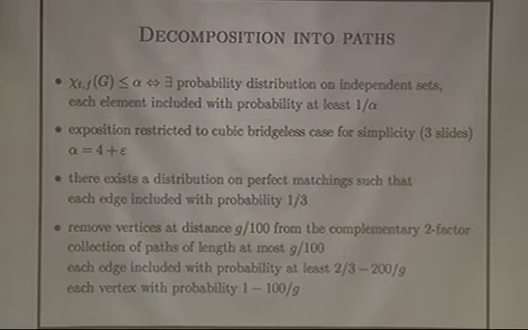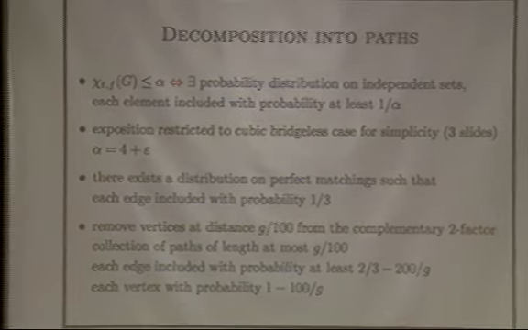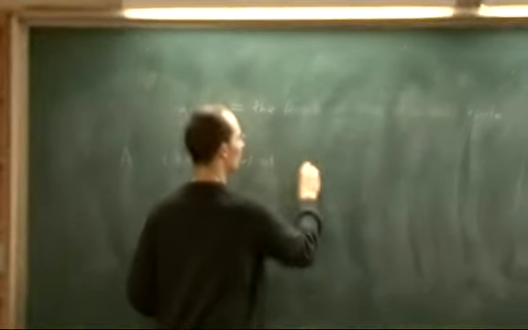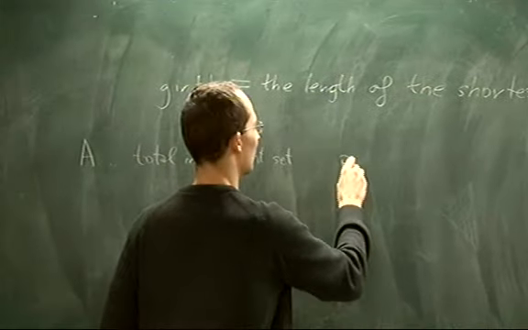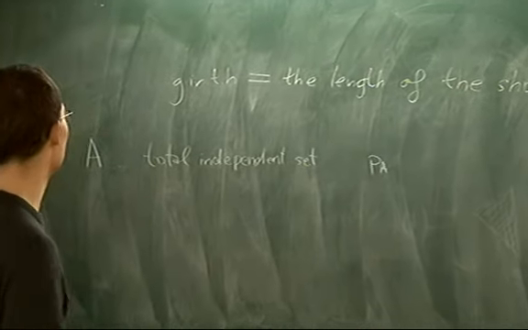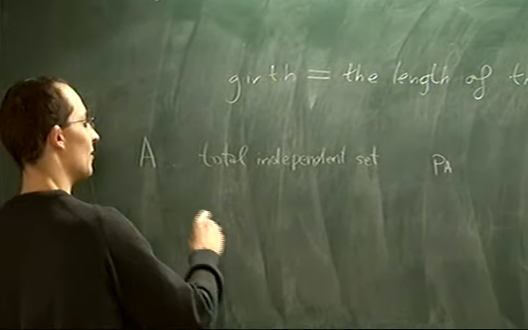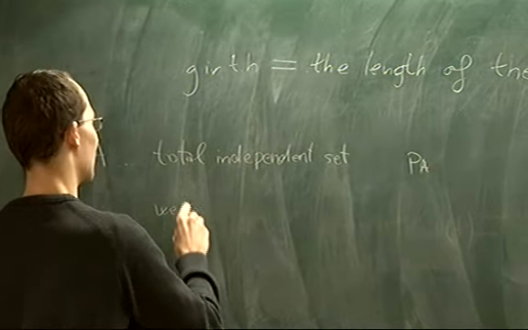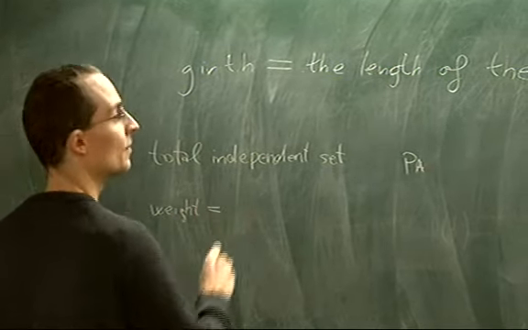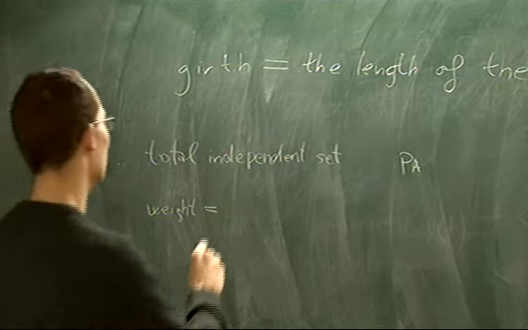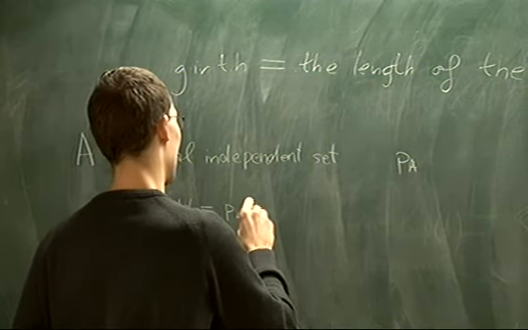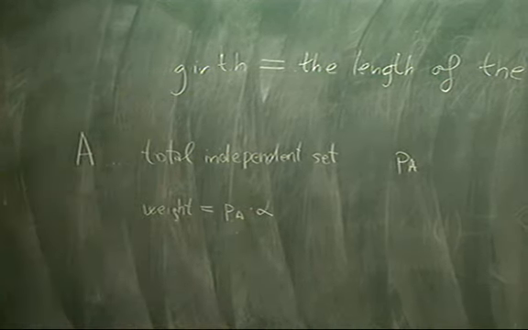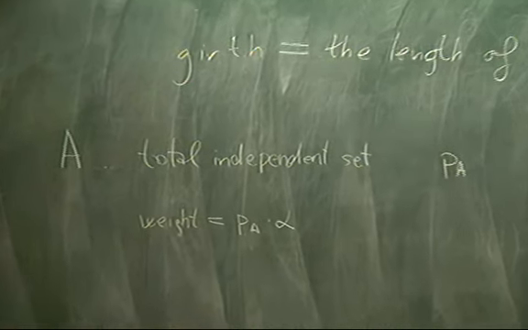So if A is a total independent set, and I'm going to choose it with probability PA, then if I assign to this set a weight equal to PA times alpha, I claim I get a total fractional coloring.